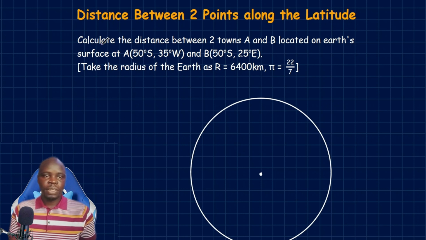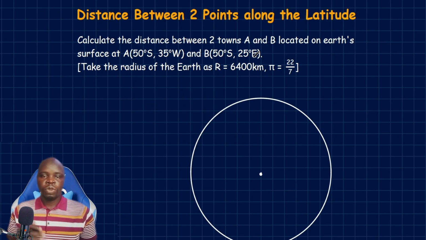So the question says, calculate the distance between two towns A and B located on Earth's surface. A is at 50 degrees south, 35 degrees west, and B is at 50 degrees south and 25 degrees east. If you look at this question critically, you realize that these 2 points are located in the southern hemisphere of the Earth.